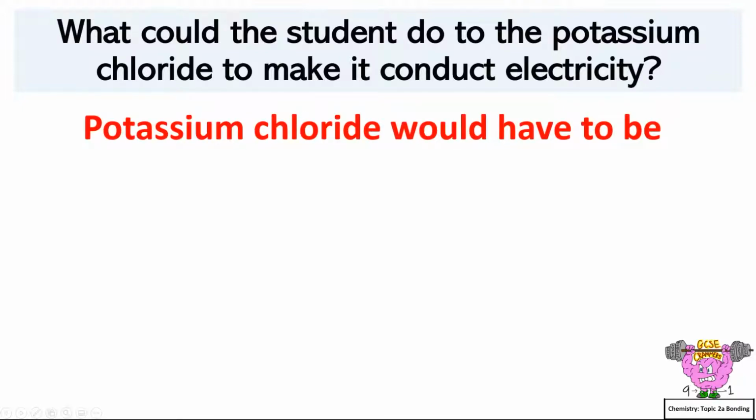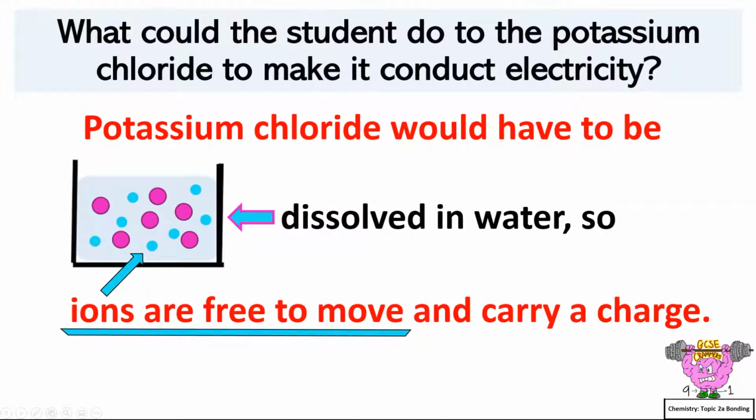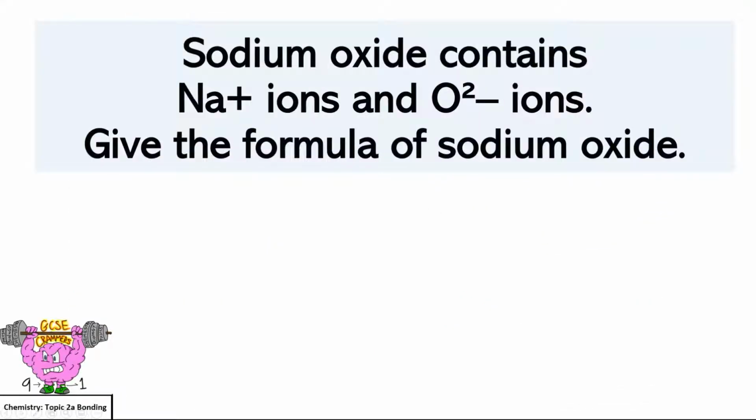Potassium chloride would have to be dissolved in water, so the ions are free to move and carry a charge. Sodium oxide contains Na+ ions and O2- ions. Give the formula of sodium oxide. Na2O.